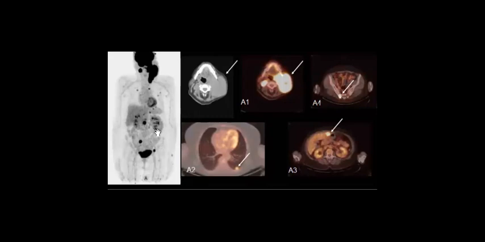Okay, so how do you describe this appearance in the CT? Is it like a lymph node, or can you consider it as a mass?